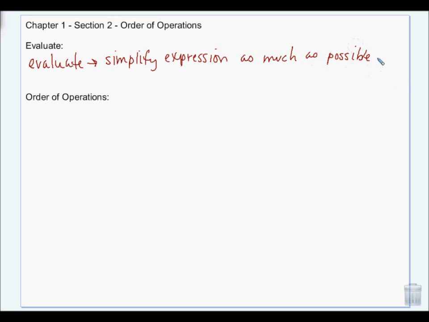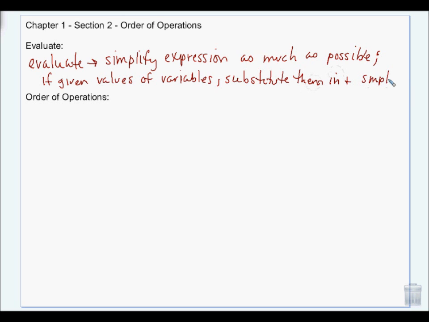And then if you're given the values of the variables, you can substitute them in, and then simplify. Okay.